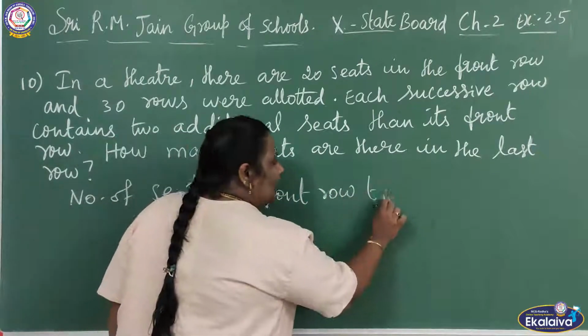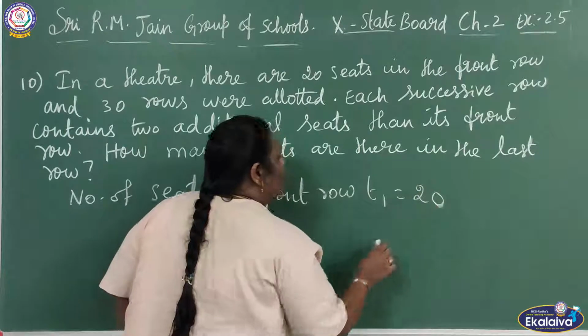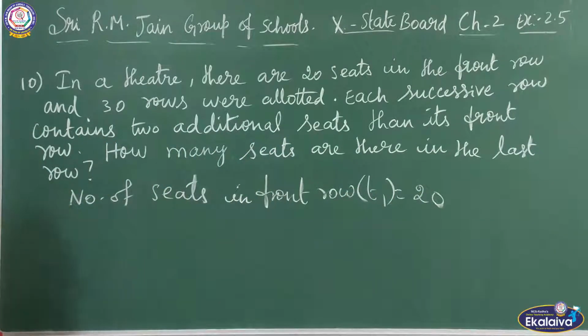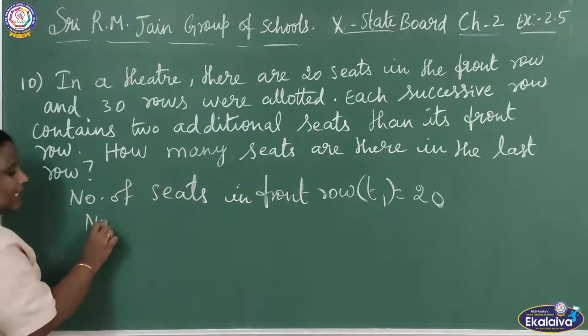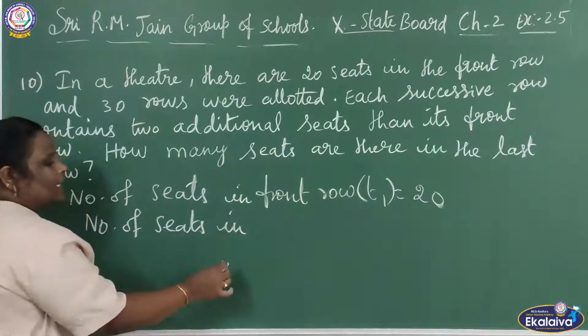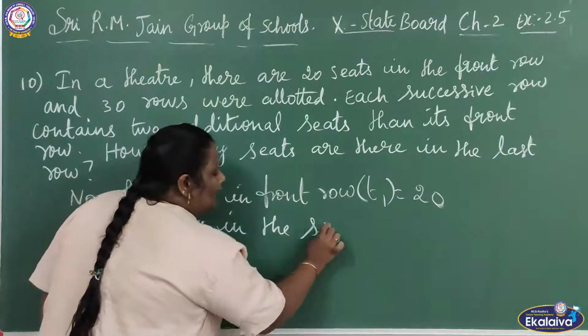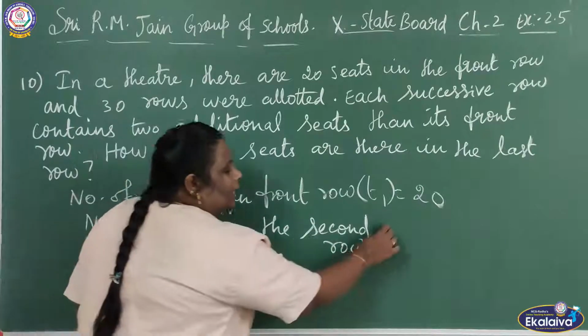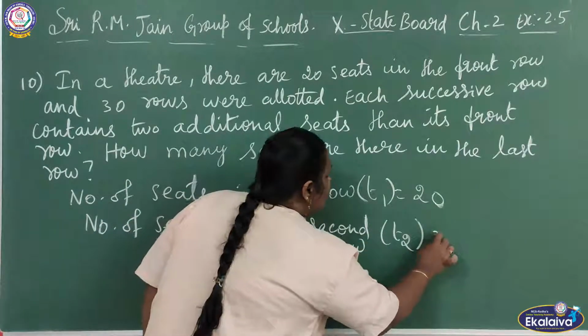First row, you can take it as T1 equal to 20. Number of seats in the second row, you can take it as T2, that is 2 seats were added.